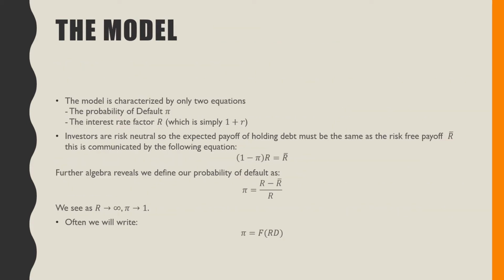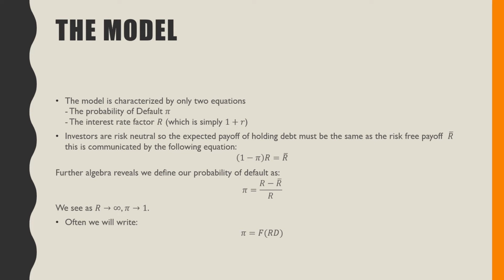So mathematically, the model is actually really simple. It's characterized by two equations, or really two terms: the probability of default, which is pi, and the interest rate factor R, which we've defined previously as 1 plus the real rate of return. Investors are risk neutral, so the expected payoff of holding debt must be the same as the risk-free payoff R bar. This is communicated in the following equation, where we have 1 minus the probability of default, which is really interpreted as the probability of paying back, times this interest rate factor, must be equal to the risk-free rate, because that's done with certainty.